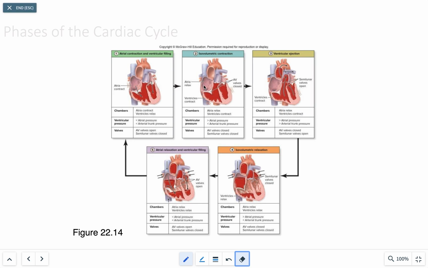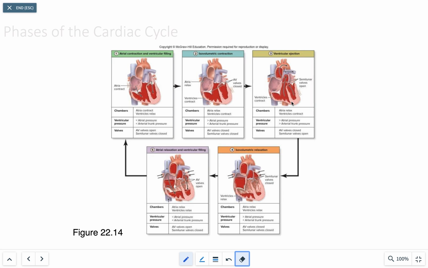Right now the atria are empty and the ventricles are contracting. At the initiation of contracting, the tricuspid and mitral valves will be closed, and the aortic and pulmonic valves are going to open during contraction. These semilunar valves are open, and we're going to see blood flow entering into the lungs and blood flow going out into systemic circulation.